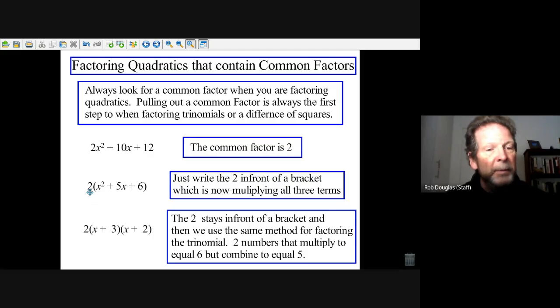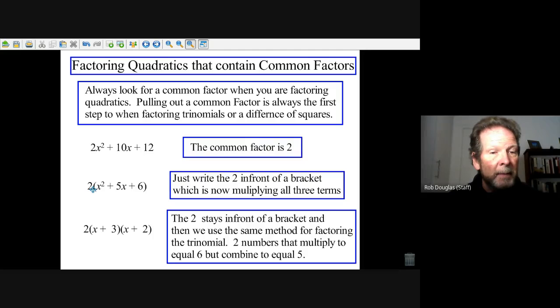All you do is put that 2 on the outside of a bracket and then put the other factors inside that are going to make it multiply out to equal this. So if you put x squared here, 2 times x squared gives you 2x squared. If you put 5x here, 2 times 5x gives you the 10x. And if you put 6 here, 2 times 6 gives you the 12. Okay, that's the first step. You've taken out a common factor of 2.